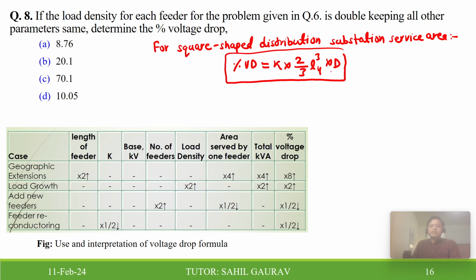Now the load density for each feeder is being made double. We can see from the expression that percentage voltage drop is directly proportional to D. So percentage voltage drop will be doubled if D becomes double.